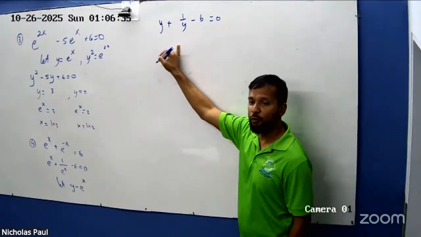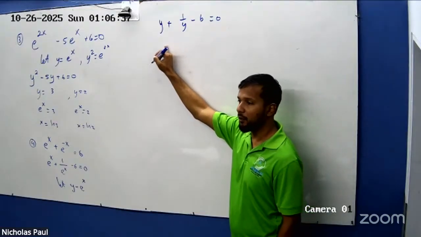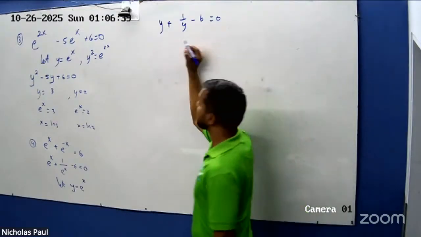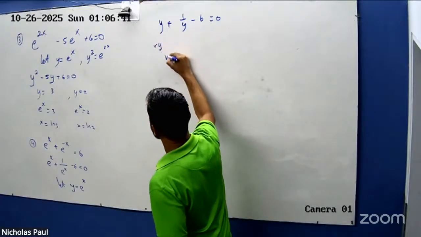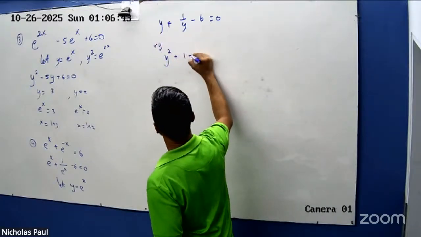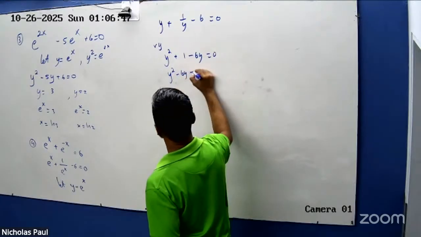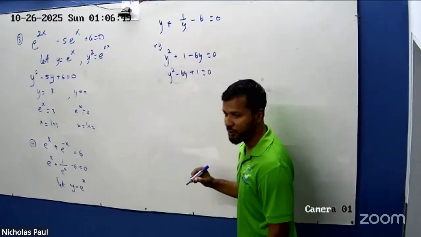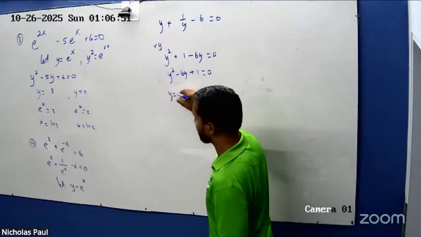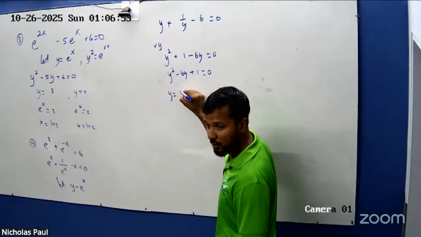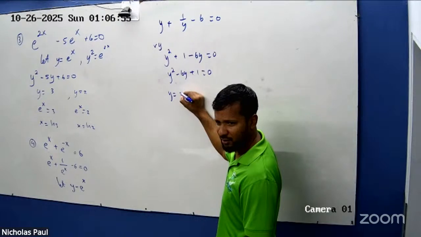What do I do now with the fraction? Multiply everything by y, right? y squared plus 1 equals 6y. So we have a quadratic, right? What did you all get? y is how much? No solution? Yes.